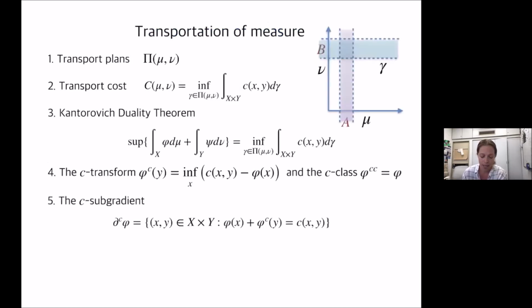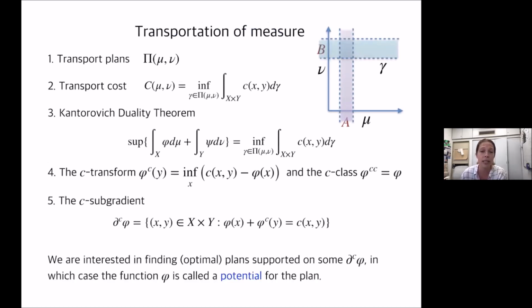Okay, so now we have almost all of our background. We know what transport plans are, transport cost, optimal cost. We have the Kantorovich duality theorem. We defined the C-transform and the C-class associated with a given cost, and the c-subgradient associated with the cost. What we're interested in is optimal plans.